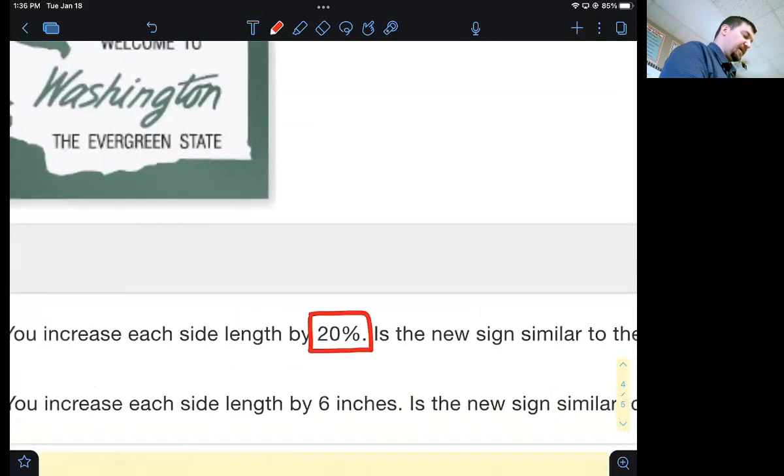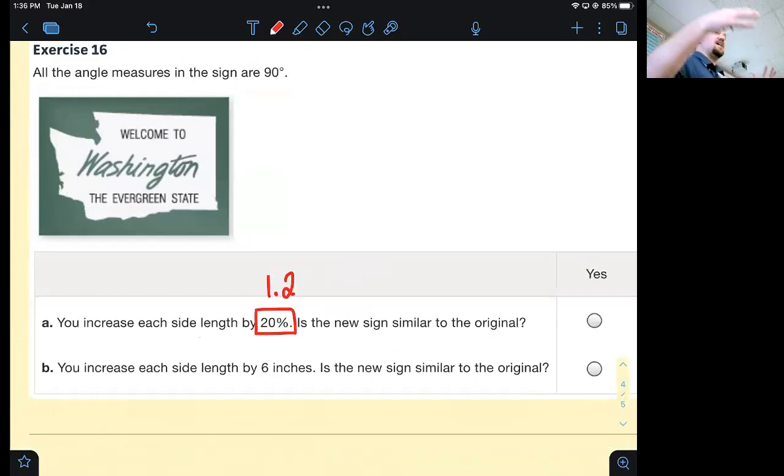If you're increasing it by 20%, be careful. Xander? Jacoby? 1.2. If you just multiply by 0.2, wouldn't that shrink it down? It'd be 20%. So the fact that this enlarges it means that you don't want to, so timesing by 1 or 100% keeps it the same. Then increasing it 20% actually makes it 120%. Yeah, so 1.2. Yeah, that would make it similar.